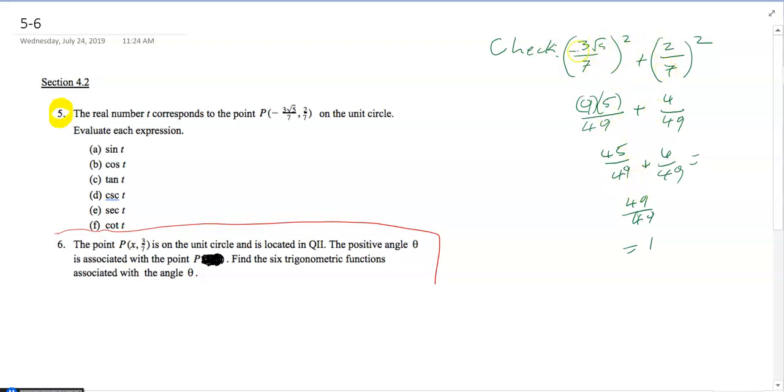So let's plug in negative 3 radical 5 over 7 for x and 2 over 7 for y. Calculate that down. We end up with 49 over 49, which is equal to 1. So we've shown it is on the unit circle. If these numbers were not on the unit circle, we'd be working with x squared plus y squared equal to r squared. On the unit circle, r is equal to 1.